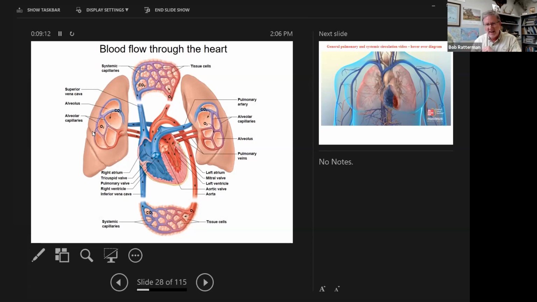This is a super excellent diagram to spend some time with. As you look at this, at first it looks a little intimidating, but remember, this is just plumbing. That's all it is, plumbing. Complicated plumbing, but plumbing.